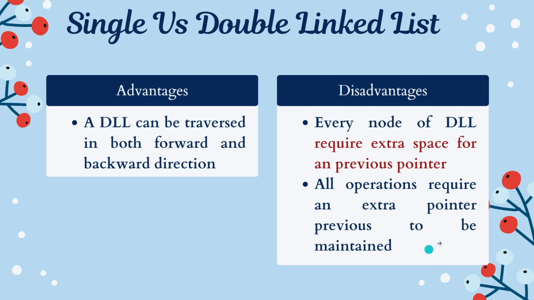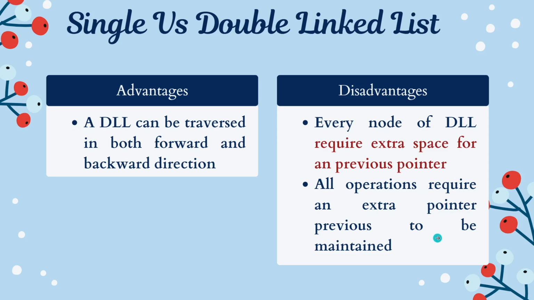These are some of the advantages and disadvantages of single and double linked lists. In the case of the double linked list, the advantage is that, as I mentioned before, we can traverse in both directions, that is forward and backward. When we talk of the disadvantage of the double linked list, the only disadvantage is the extra space requirement for maintaining the additional pointer.